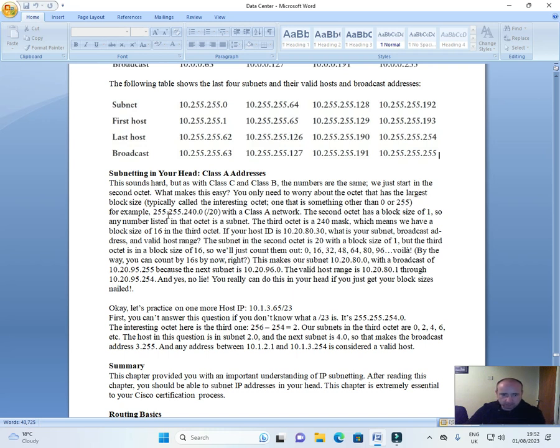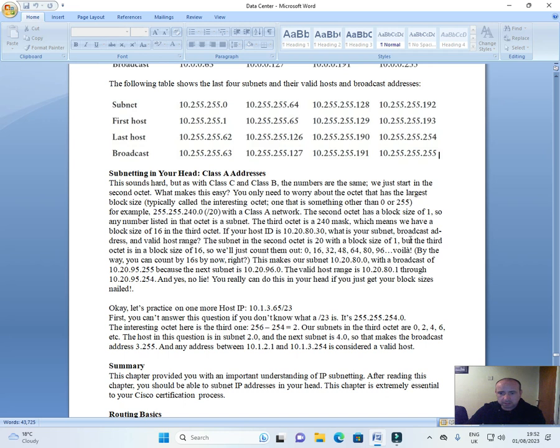For example, 255.255.240.0/20. With a Class A network, the second octet has a block size of 1, so any number listed in that octet is a subnet. The third octet is a 240 mask, which means we have a block size of 16 in the third octet.